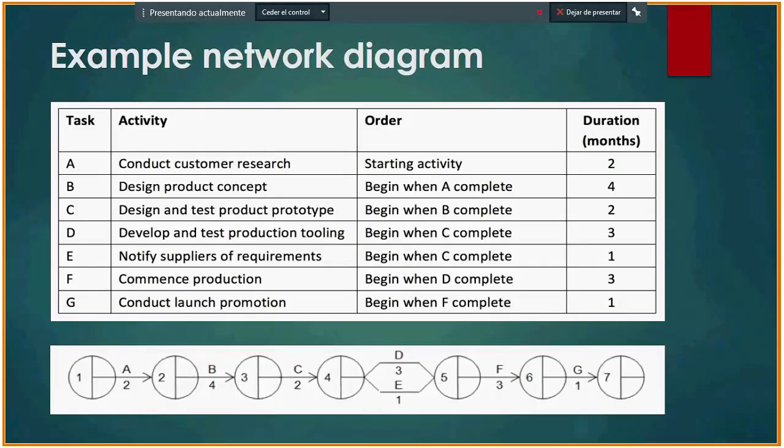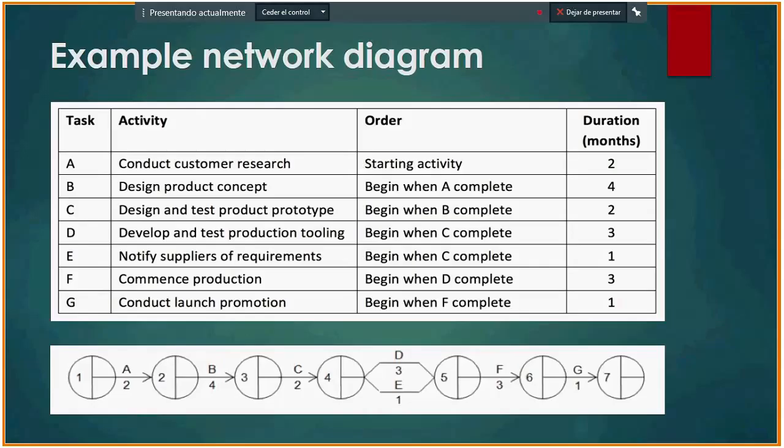For example, tasks A, B, C, D, E, F, G. The activities are, for example, task A, conduct customer research, B, design product concept, C, design and test product prototype, D, develop and test production tooling, E, notify suppliers of requirements, F, commence production, and G, conduct launch production.